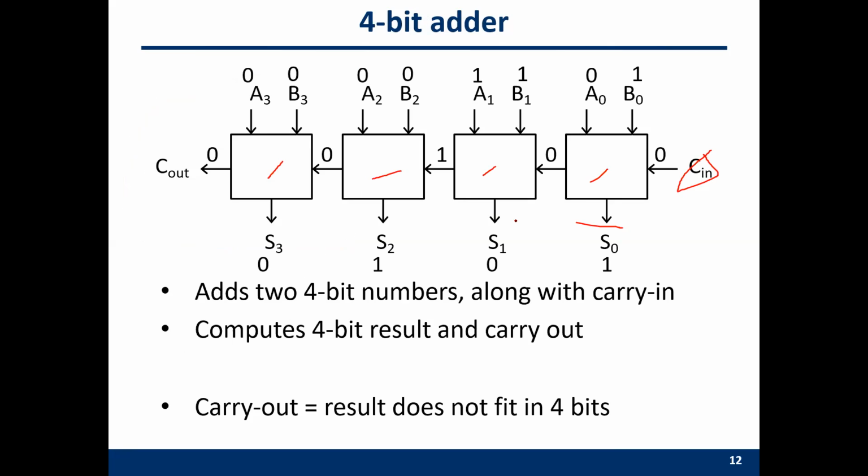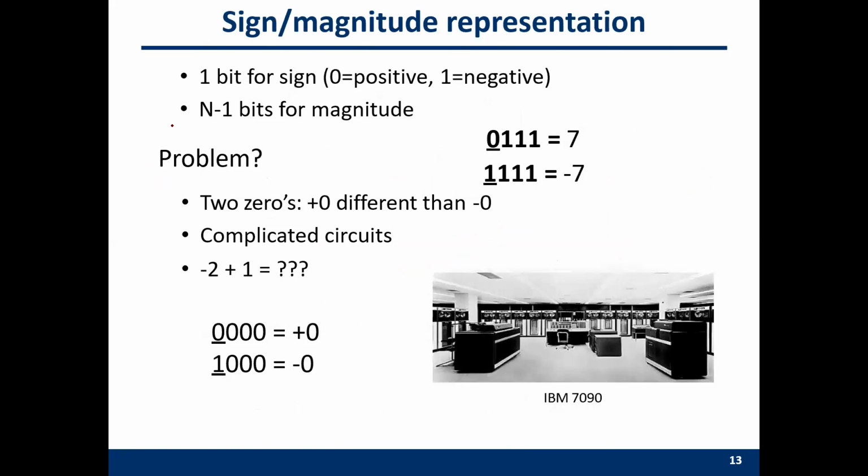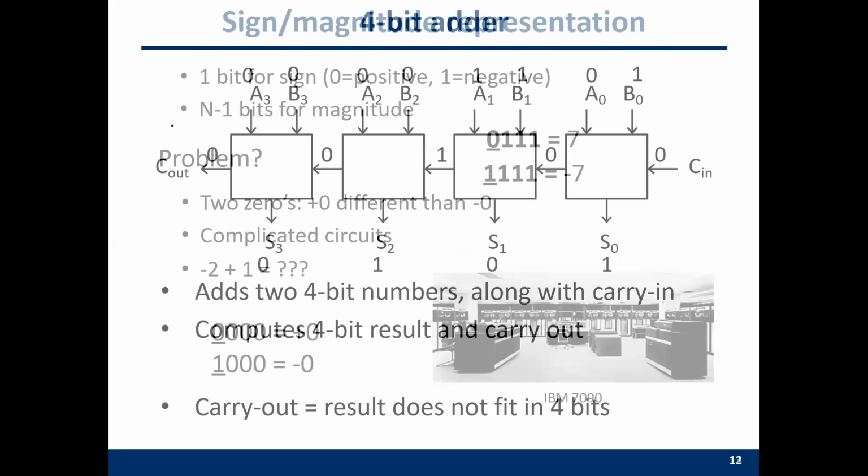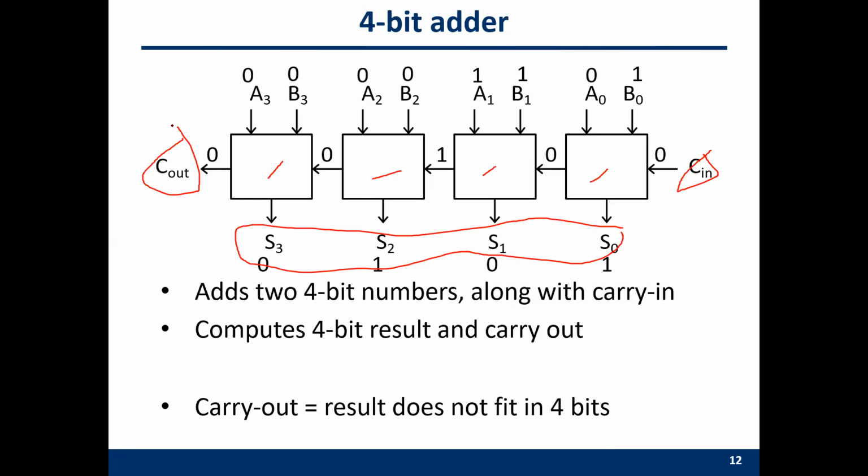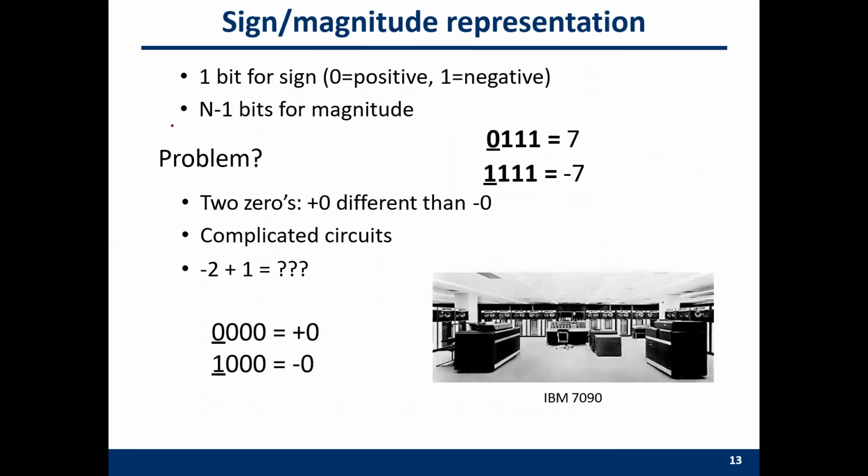Each bit will give you a sum here, and eventually it will give you a carry out here. So this is a complete multi-bit adder. By this multiple-bit full adder, we can handle all the addition operations.